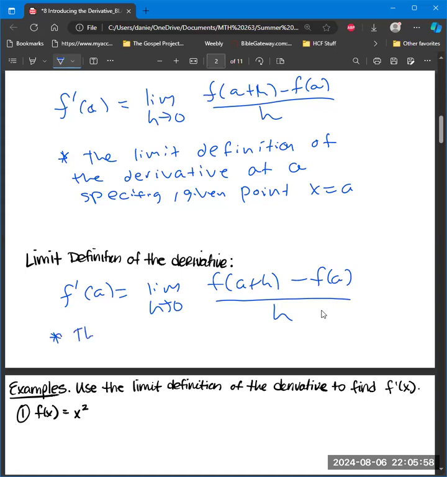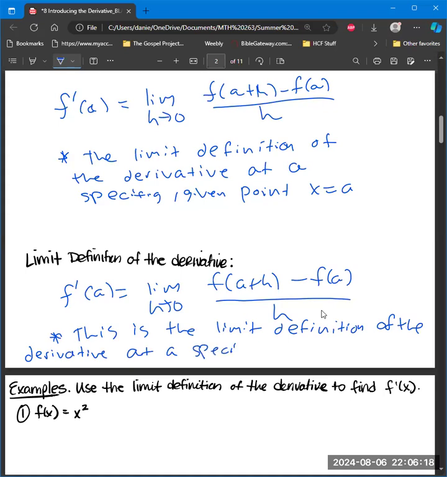This is the limit definition of the derivative at a specific given point x equals a.